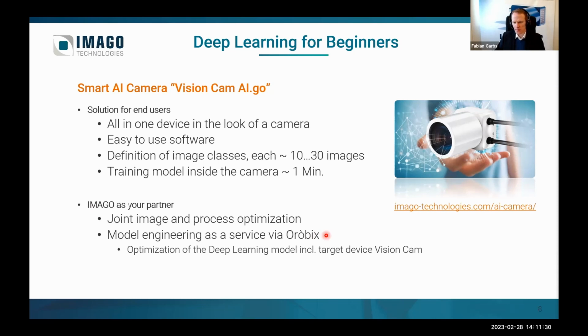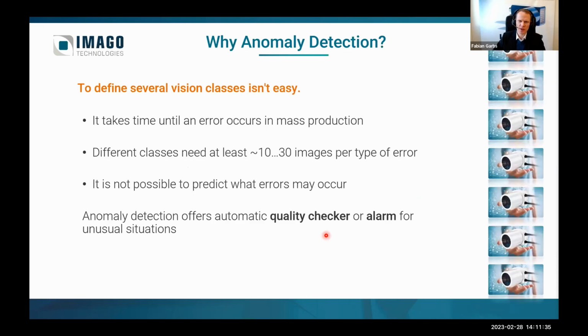Okay, so far, I want to go now to the next step, deep learning. What is so special about anomaly detection, and why could anomaly detection be so useful? Imagine you have a mass production, you produce a lot of products, and then you want to check if they are good or not. If you want to use the camera as it was before to decide between good and bad, you always need some examples of bad products, bad images, or some examples of defects.